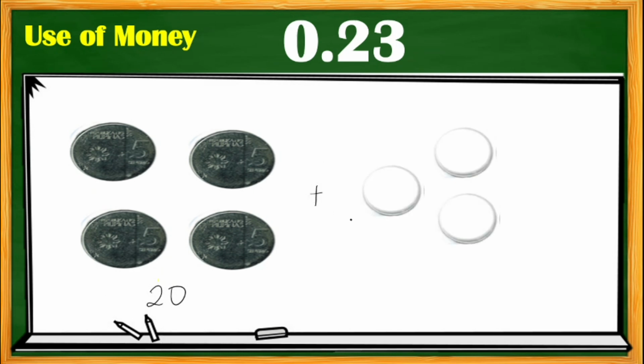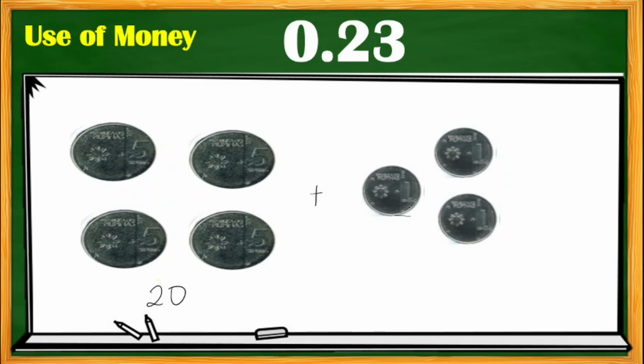Plus we have 3 centavo. So 1, 2, 3, 1 centavo each, 1 plus 1 plus 1 is 3. So add 20 plus 3, we have 23 centavo. Okay, so this would be the symbol for centavo.